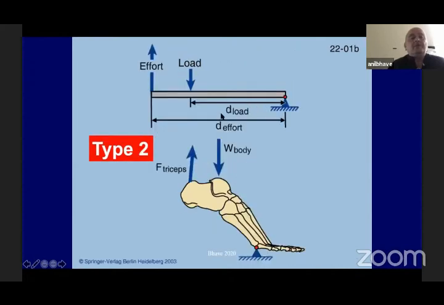The type 2 lever is more in the ankle joint, where the load is in the center going to the talus. Your force for plantar flexion is coming through the triceps surae, or gastrocnemius soleus, Achilles tendon, and your fulcrum is here. So it's not as advantageous.